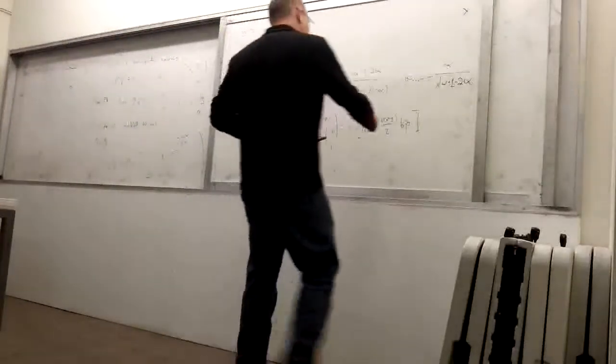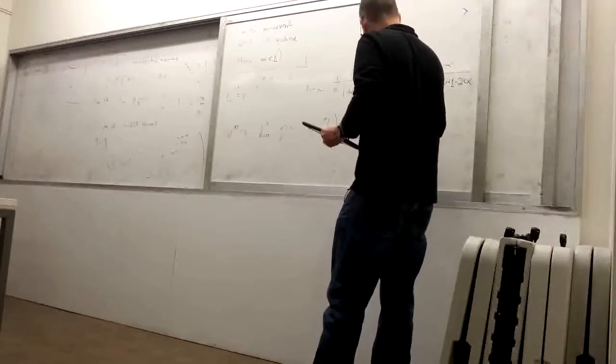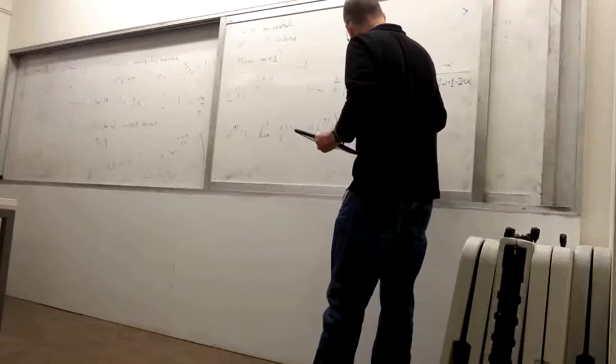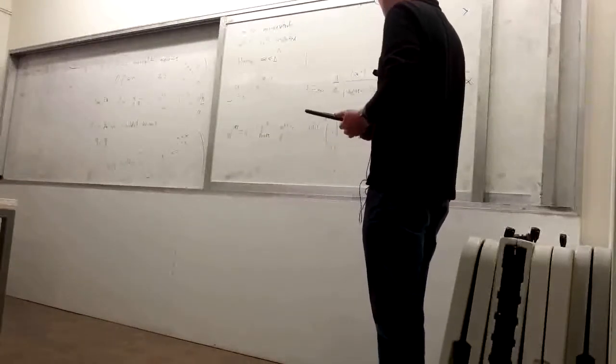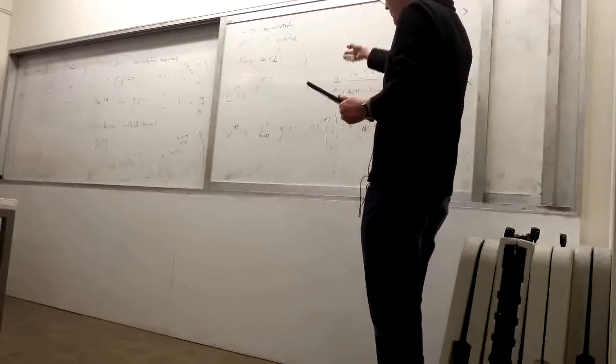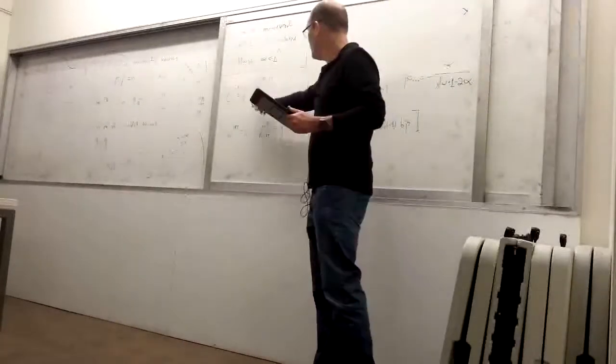Why did I divide by 2? There is no division by 2. It's n times n minus 1, that's the number of non-diagonal elements, n squared minus n. You need to count both sides of the diagonal.